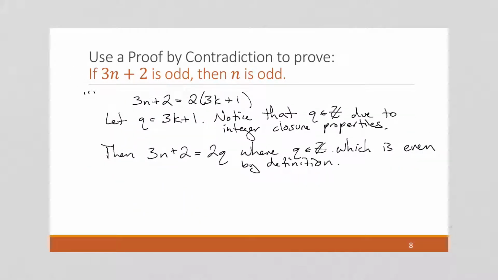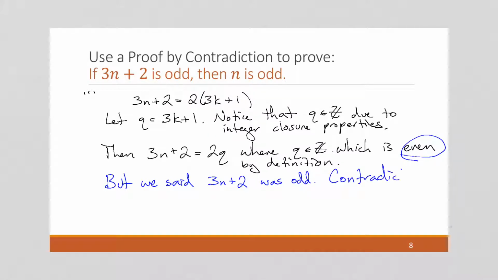And here we've shown that 3n plus 2 is even. So this is a contradiction. Contradiction. It's really important that you point out the contradiction. It's not a proof by contradiction unless you have a contradiction. And if you have a contradiction, you need to say that you have a contradiction.